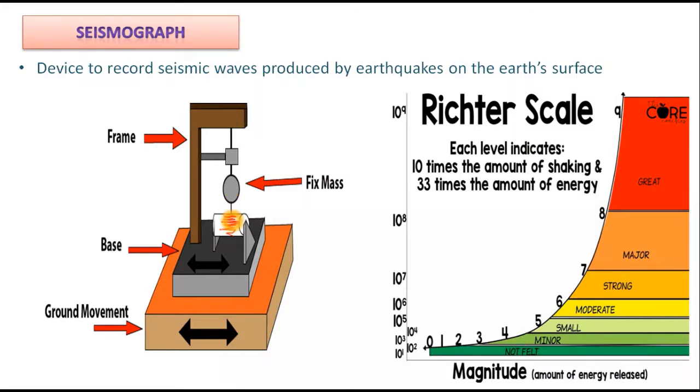Now what happens is, whenever the earth is making movement, this pendulum, since it's hanging freely, will vibrate, right? As it vibrates, the pen is going to write down on the paper. So we are going to get the pen writing on the paper due to the movement of the pendulum bob, right?